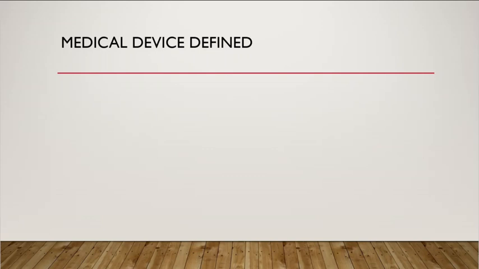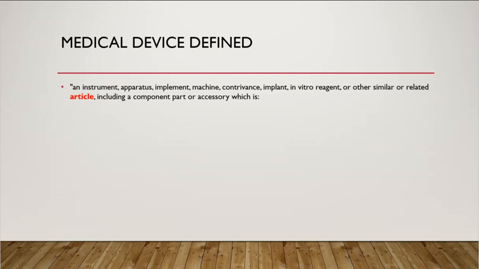So when we think about a medical device, and I've already introduced you to the first clause, a medical device is an article, A-R-T-I-C-L-E. Notice it in red. And the kind of article is an instrument, apparatus, implement, machine, contrivance, implant, in vitro reagent, or other similar or related article, including a component, part, or accessory, which is.